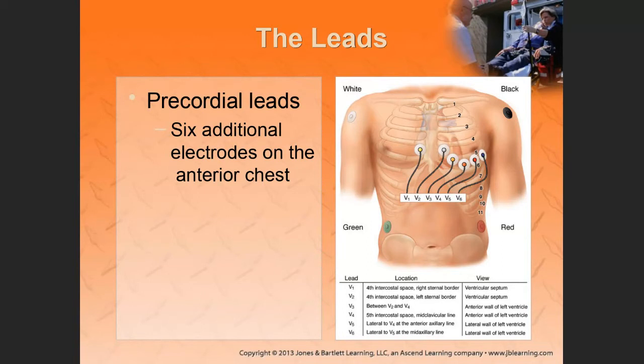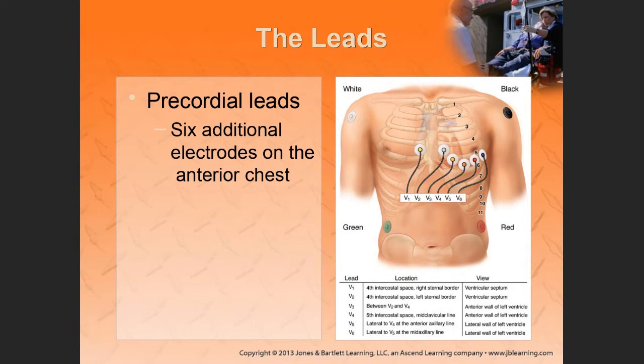So V3 and V4 are also considered anterior leads. So that means V1, V2, V3, and V4 look at the anterior portion of the heart. So V1 to V4 is going to give you more of an anterior picture.